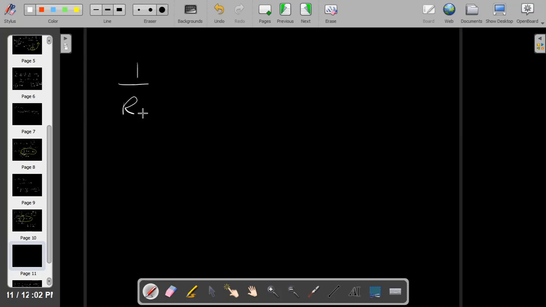So the effective resistance for that section of your circuit is going to be 1 divided by 15, you had the 15, plus 1 divided by 11. Those are the numbers that I have for that section of the circuit. So I'm going to already give you the total resistance for that section to be 6.33 ohms.